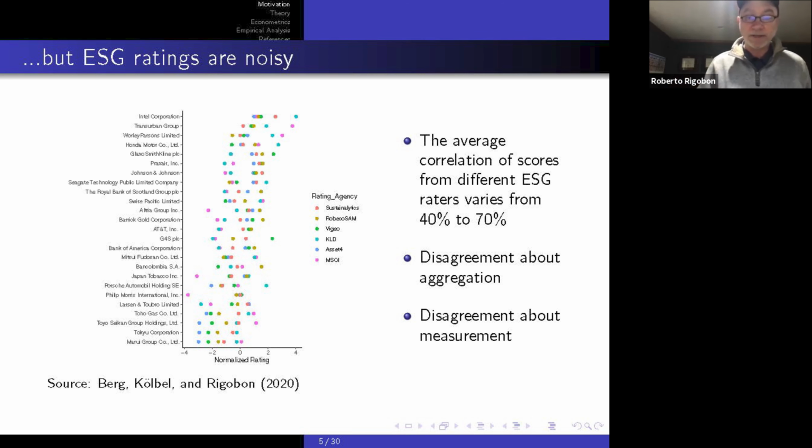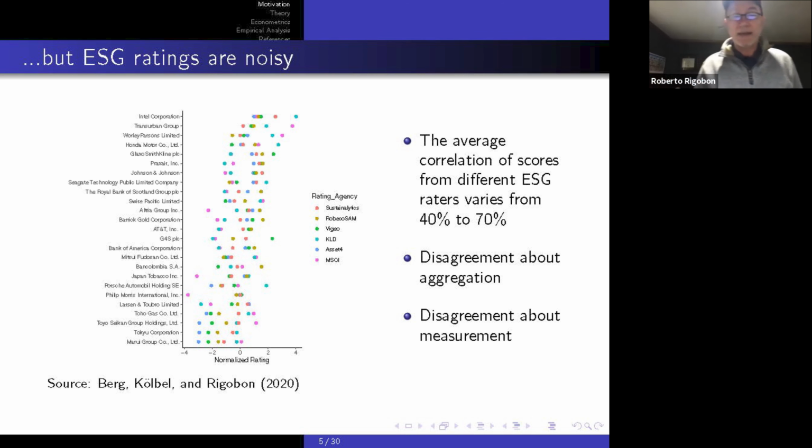So this paper is about using the fact that the ratings are correlated across all of them, but they are noisy. One way you can interpret this is that all these rating agencies are trying to make the same assessment, to understand the impact that these companies have. And they are just proxies for that impact. They are all noisy measures, and the returns depend on that impact, or that variable that we cannot observe and are trying to proxy.